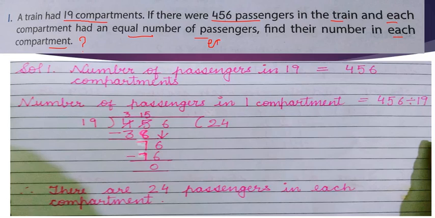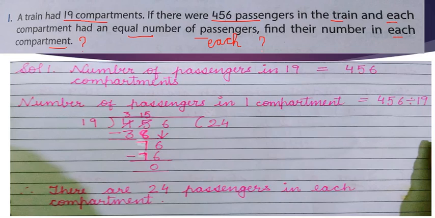Okay, like we have guided you already, beta. If in the question itself they are asking about the information of each box, each basket, what is the number of fruits in each basket, what is the number of pencils in each box, in that case what do we need to do? We do division, right?